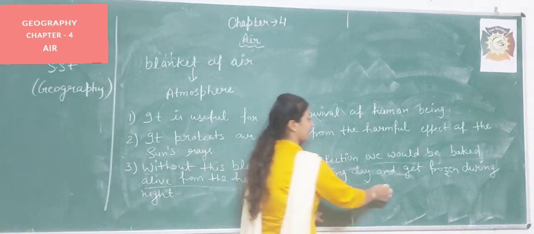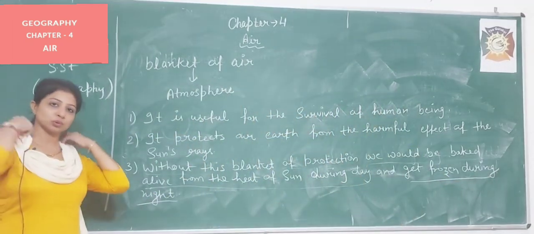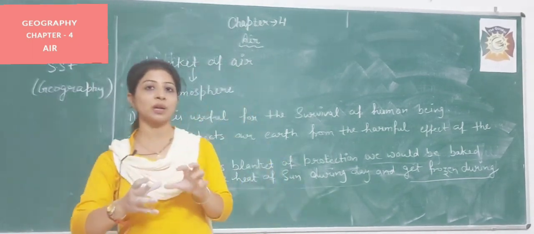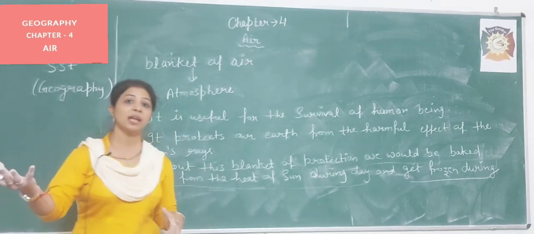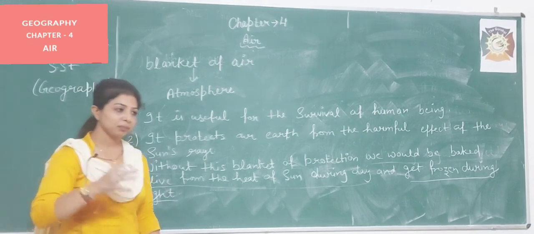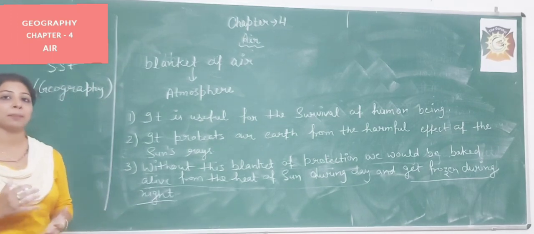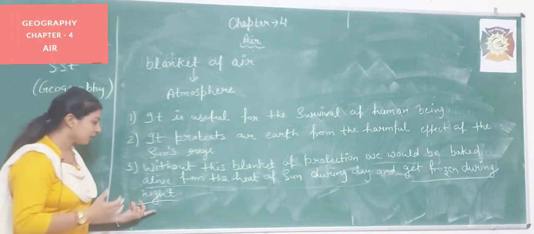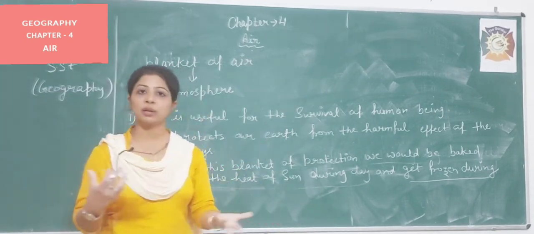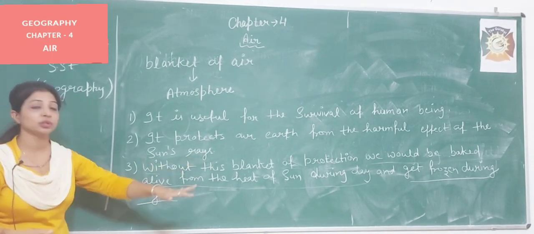But what does it mean to get frozen during night? It means there is an ozone layer, or there are some layers in the atmosphere, which store the ultraviolet rays of the sun, which we need at the time of night. Means at night these layers work and moderate the temperature of the earth. If there were no atmosphere, these ozone layers would not store the ultraviolet rays of the sun, and we would get frozen during the night.